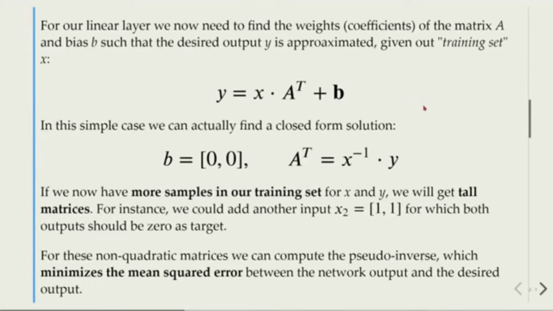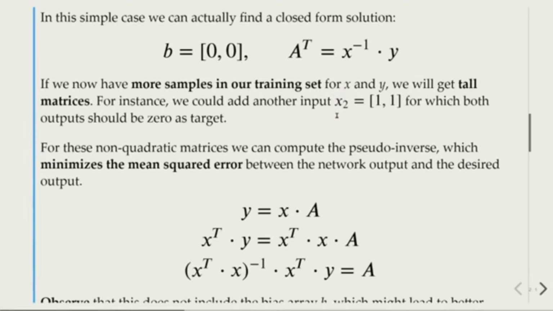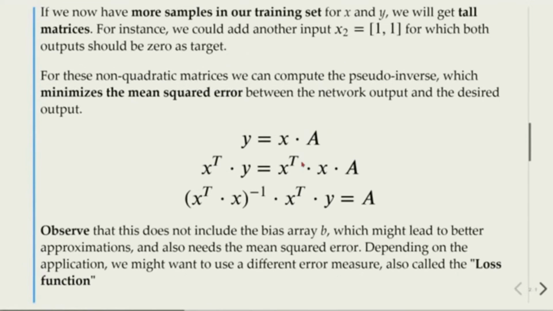If we now have more samples in our training set for X and Y, we will get tall matrices. For instance, we could add another input x2, for example, 1 and 1. For both outputs, the target should be 0. For the non-square matrices, we can compute the pseudo-inverse, which minimizes the mean squared error between the network output and the desired output.